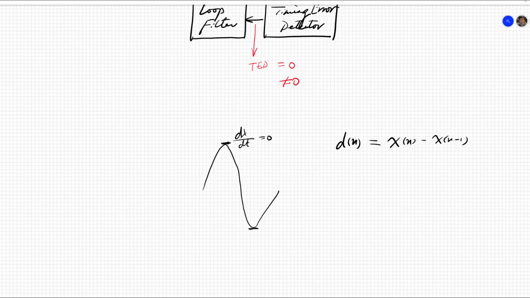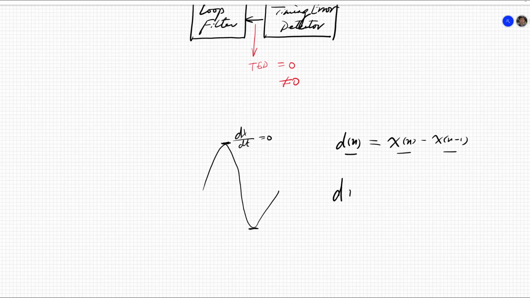Using the difference is a usual practice in digital signal processing; we use a difference equation to replace a differential equation. We use that a lot. But here, if I use a simple difference between two consecutive samples, I will generate a lot of high frequency noise. I will amplify the high frequency noise, which we don't like. So we use an alternative method to find a derivative.